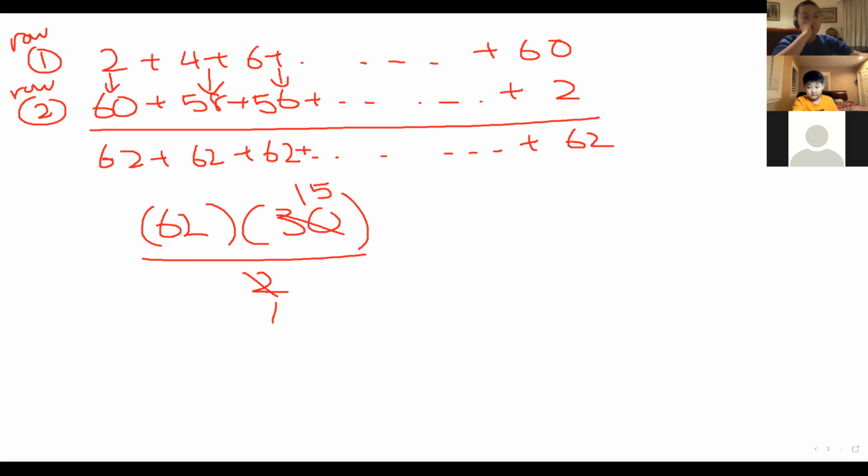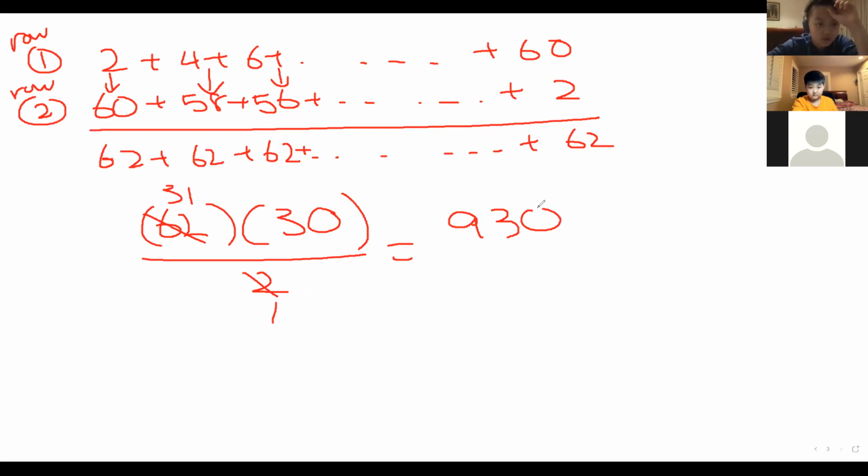Let's do that. I say this is the easier choice because 30 comes with a 0. So 31 times 3 plus a 0 at the end: 930. And this is, in fact, the sum of all of the even numbers from 2 to 60. So Gauss's method still works, even if it's only even.